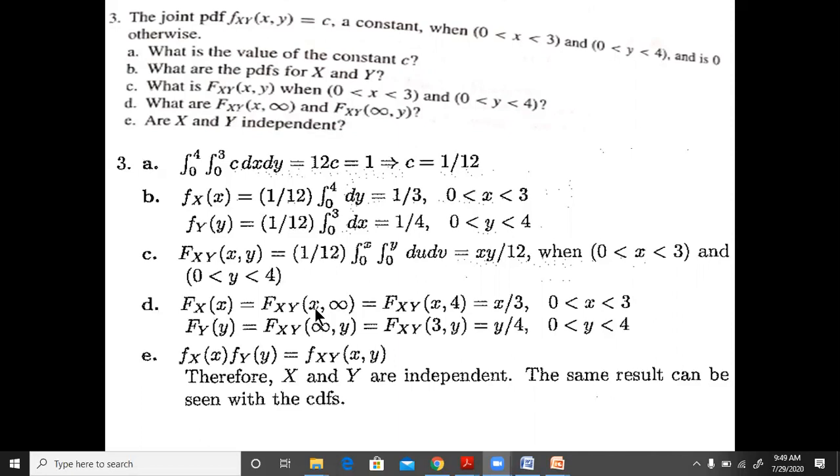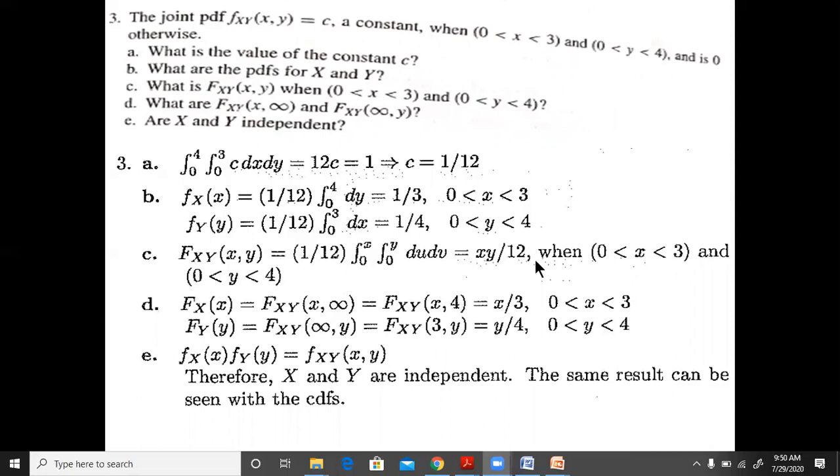So this and this are the same. There's no point in writing infinity because the value of y exists only from 0 to 4. Therefore, we are replacing this infinity by 4. Once we replace it by 4, we have xy by 12, and the value of y turns out to be 4.